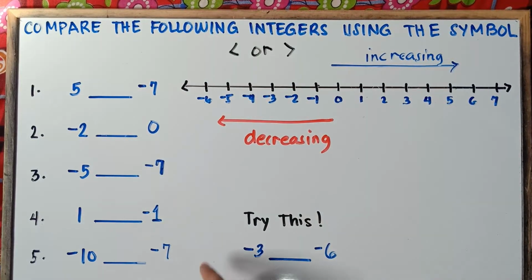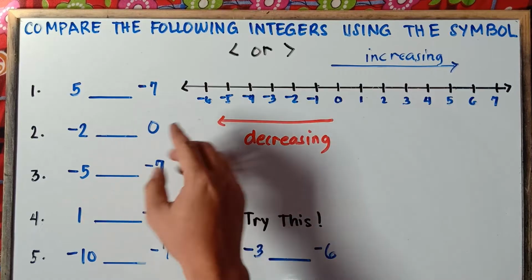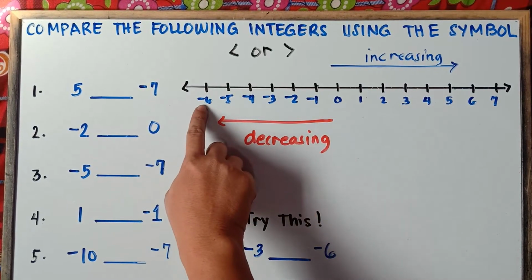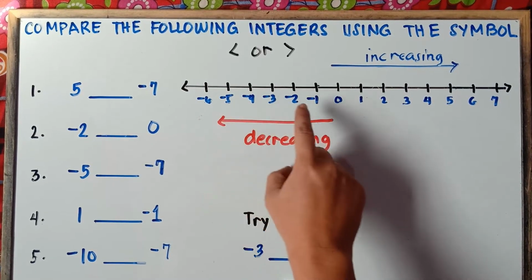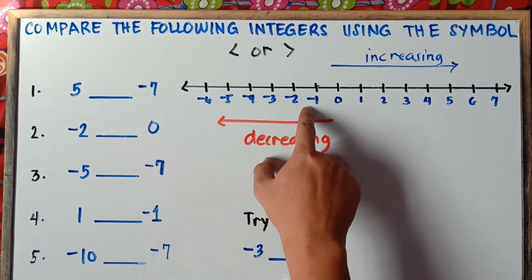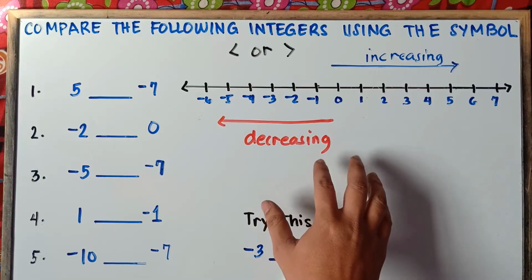Numbers going to the left are decreasing. So we can say that negative 5 is less than negative 1, because negative 5 is on the left of negative 1. Easy as that, class, if you understand with regards to the number line.